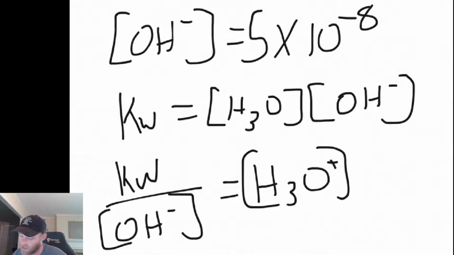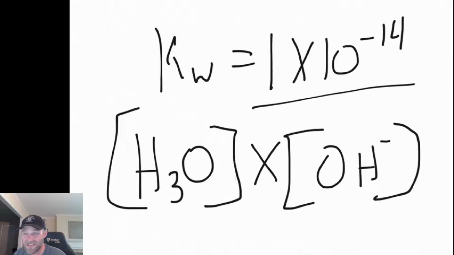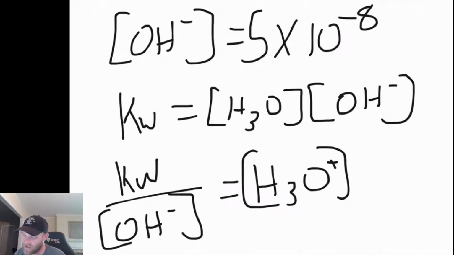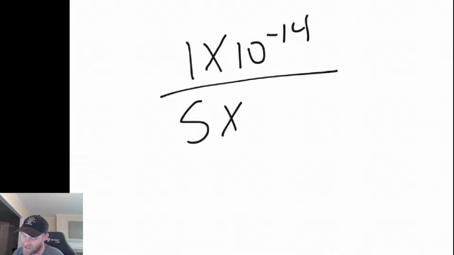So I said the OH minus was 5 times 10 to the negative 8. I know Kw is always 1 times 10 to the negative 14. So let's do that: 1 times 10 to the negative 14 divided by 5 times 10 to the negative 8.